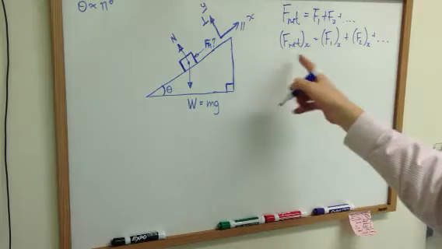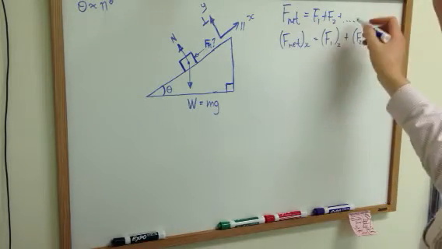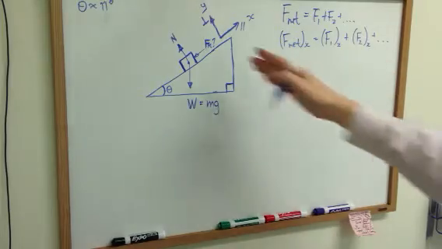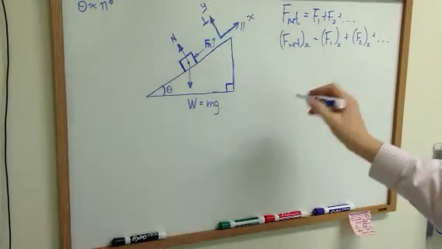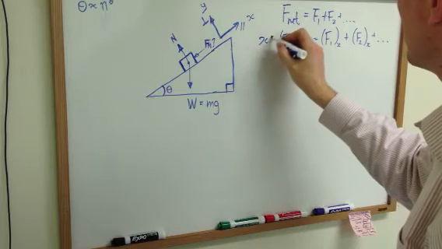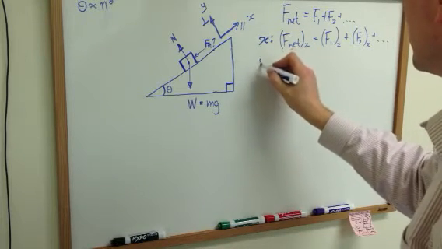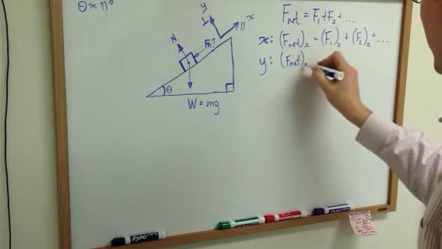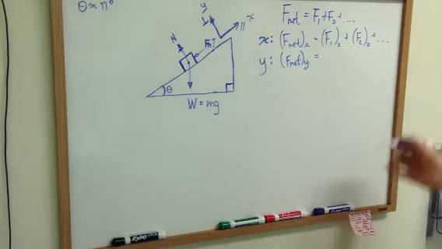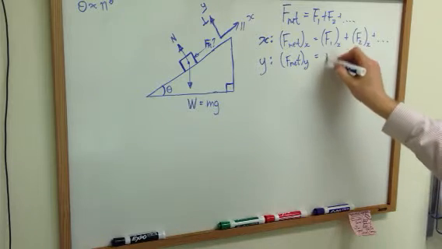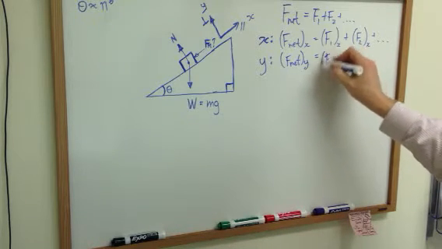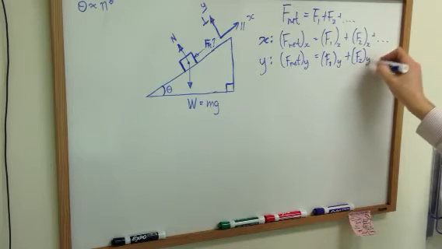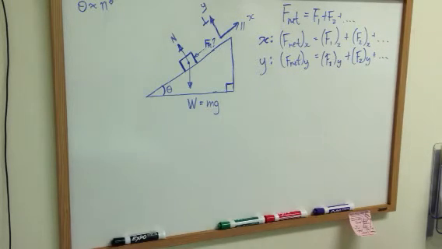This is true in the horizontal, or in the vertical, or in the x direction and in the y direction, in the perpendicular direction and in the parallel direction. So this is along the x-axis, and this is true along the y-axis. There's a net force. Maybe it's equal to 0, but whatever it is, you can calculate it. You just add up the forces in each direction, and that will be the net force in that direction.